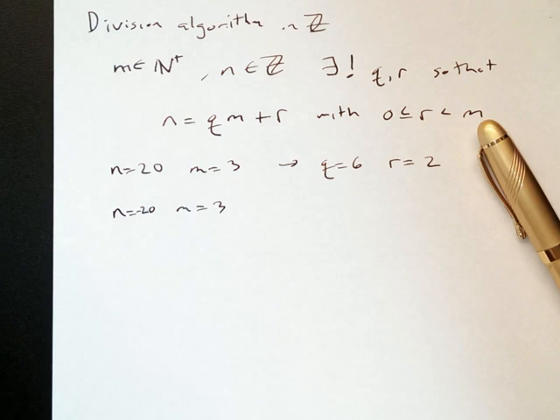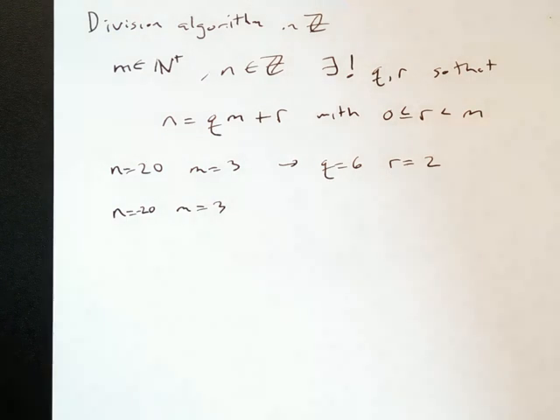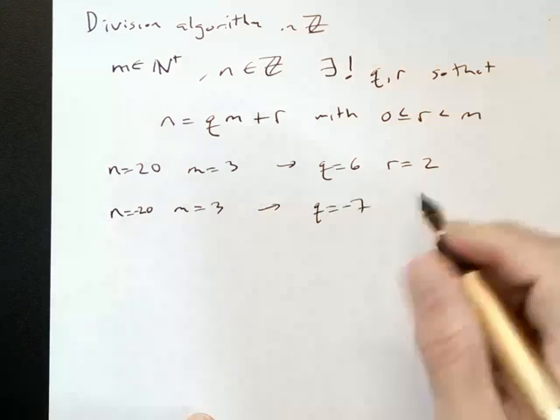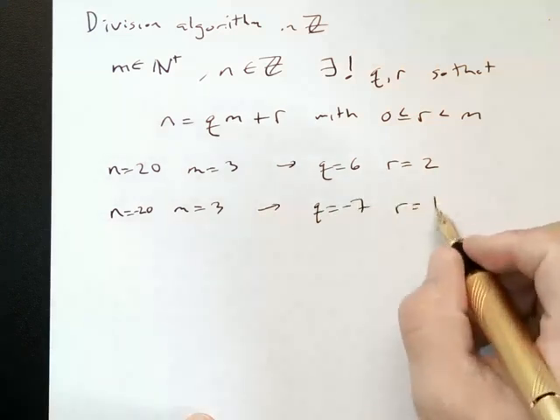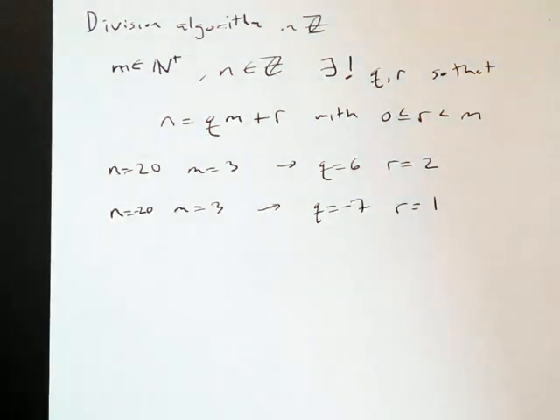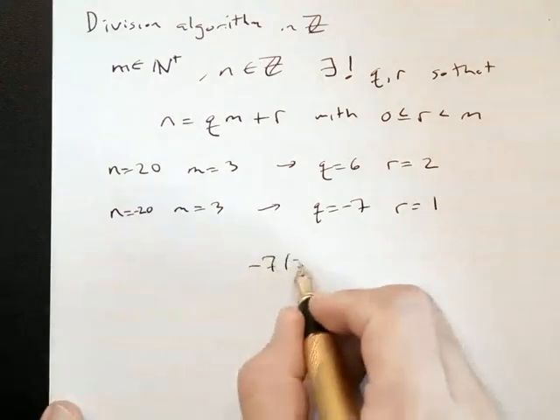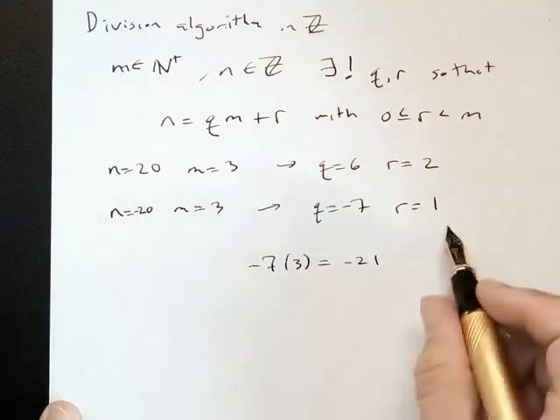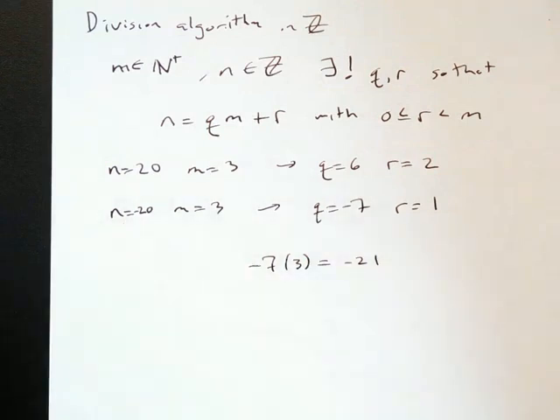It's not negative 6 with remainder negative 2, because that remainder must be positive or 0. We have to go past negative 20. So my quotient is negative 7, and my remainder is positive 1. Because negative 7 times 3 is equal to negative 21, and then I add something to get back to where I want. Got to go down when I do the division.